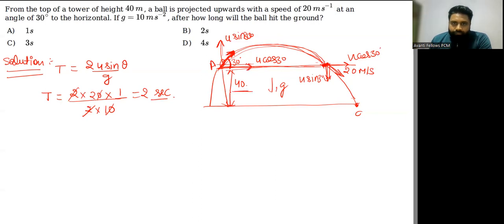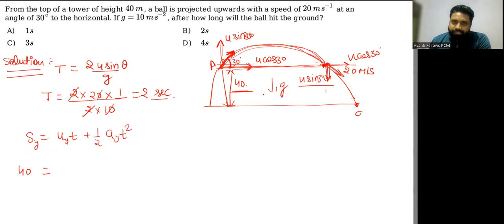So u sin 30 we have as, let's say, we have to calculate the time for which this u sin 30 will cover this 40 meters. So we apply the equation of motion: sy is equal to uy times t plus 1/2 ay t squared. Sy you are given is 40.